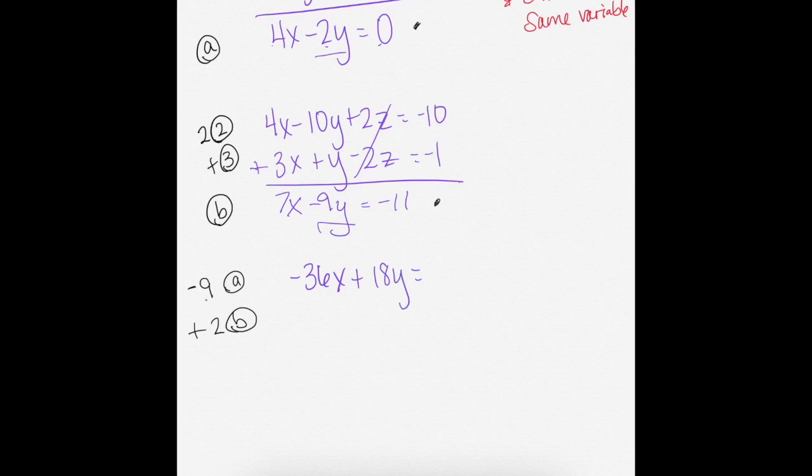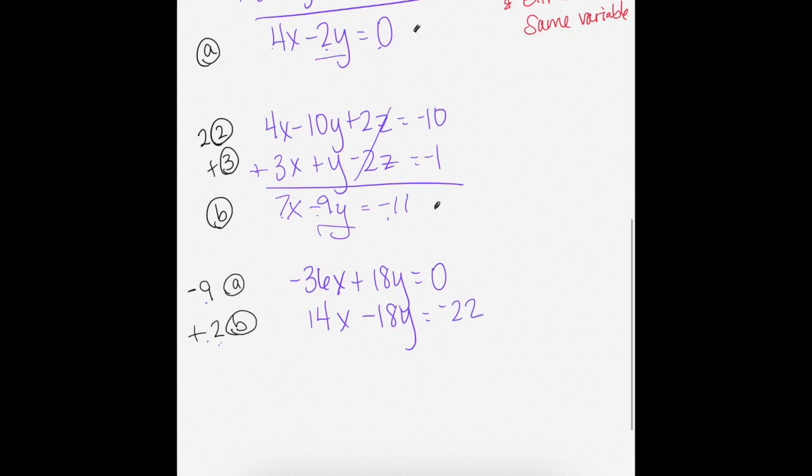Negative 9 times negative 2 gives me positive 18y. And then 0 times negative 9 gives me 0. All right, in equation B, I have to multiply through by 2. 7 times 2 is 14x. Negative 9 times 2 gives me negative 18y. And then negative 11 times 2 gives me negative 22.